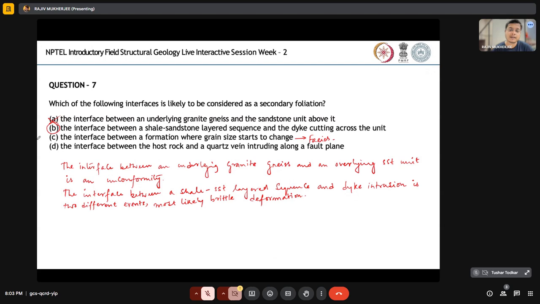So in this case, obviously, change in grain size, particularly for a formation, is not a function of the deformation.